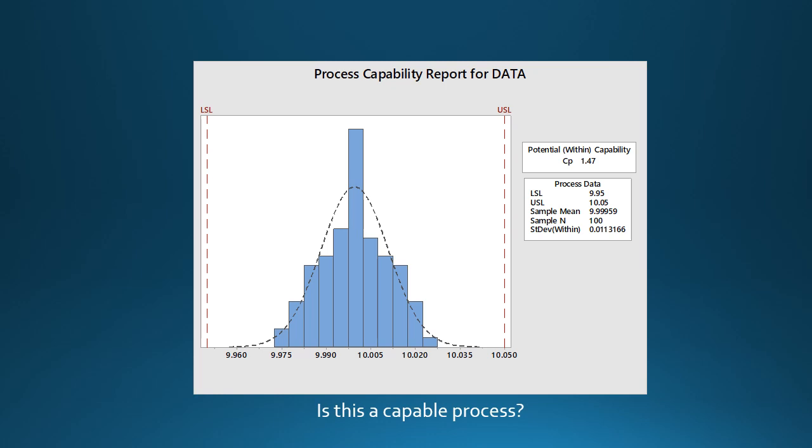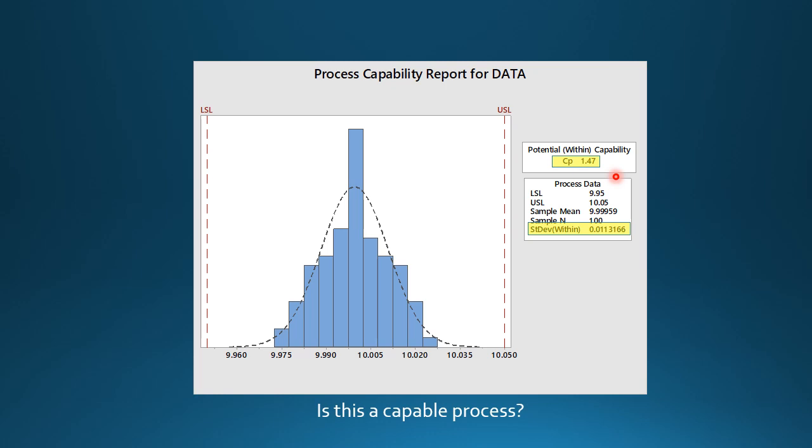So let's calculate the potential capability for the part manufacturing process. Here, part diameters must meet specification limits of 9.95 and 10.05 inches. The standard deviation of our data is 0.0113, and the potential CPK is 1.47.